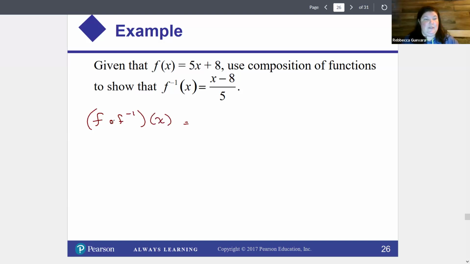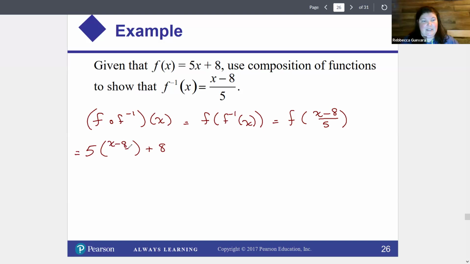So if I do f composed with f inverse, f is the outside function, f inverse is the inside function. f inverse is just x minus 8 divided by 5. So if I'm doing my composition, f is going to be 5x plus 8, and we're just replacing x with x minus 8 divided by 5.